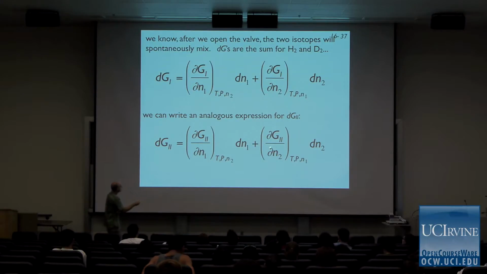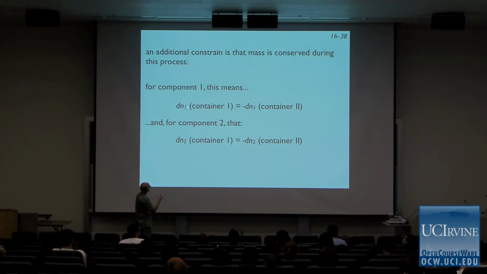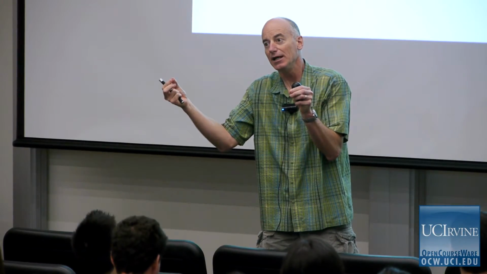We've got an expression down here for the right-hand side that's analogous. It considers the change in the number of moles of 1 and the change in the number of moles of 2, hydrogen and deuterium. Now, the other equation that we can write is simply that there's a relationship between dN1 in the two bulbs. In other words, if hydrogen flows from bulb 1 to bulb 2, we're going to have minus d hydrogen from bulb 1 and plus d hydrogen in bulb 2, aren't we?